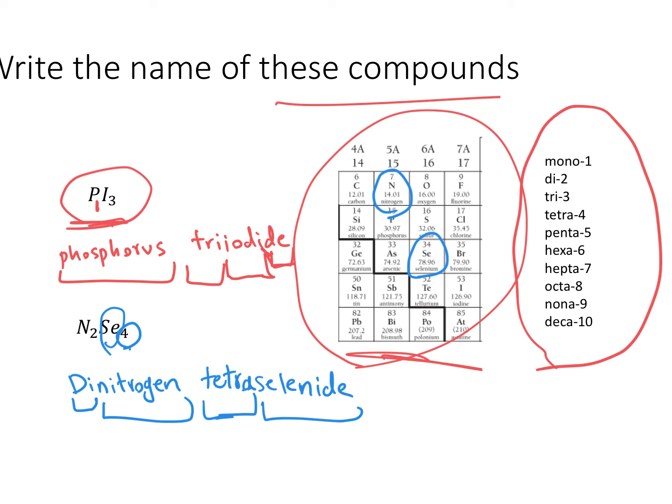That is a great question. So what your friend asks is, if nitrogen exists as a molecular element, why should we write dinitrogen? And the reason is, it's kind of like CO2, right?